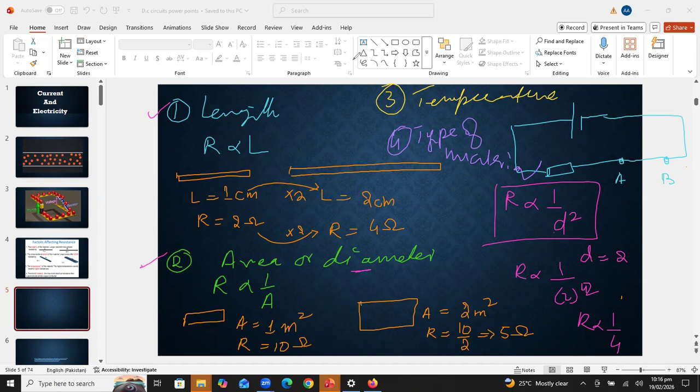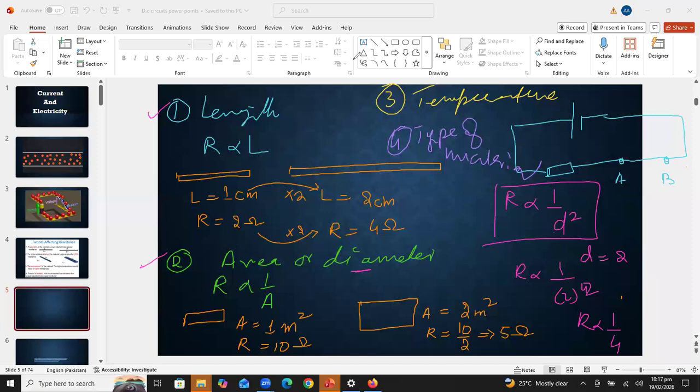Alright, so type of material. Acha, if the material is the same, their resistivity will remain the same. Resistivity means the opposite of conductivity. Conductivity means how much current can flow through a conductor, so it will be a good conductor. Resistivity means how much resistance a conductor can offer.